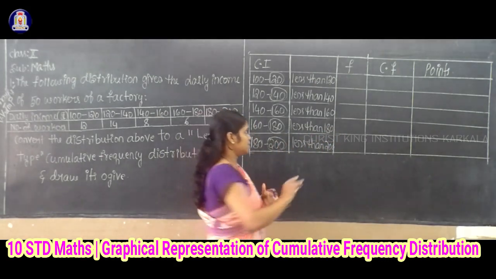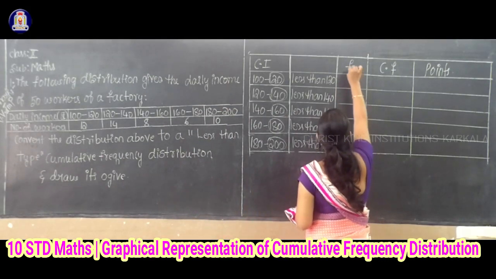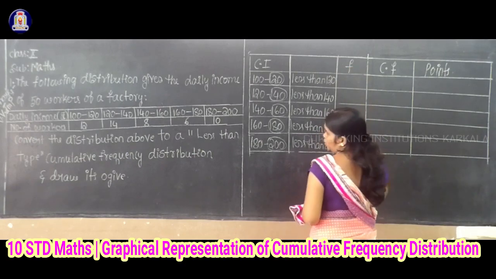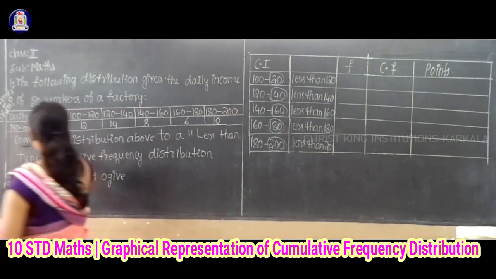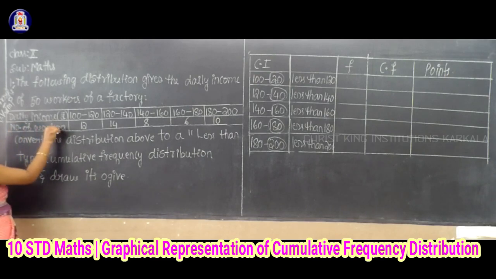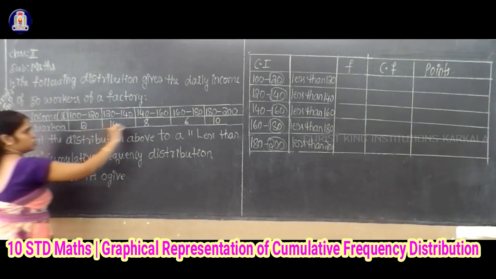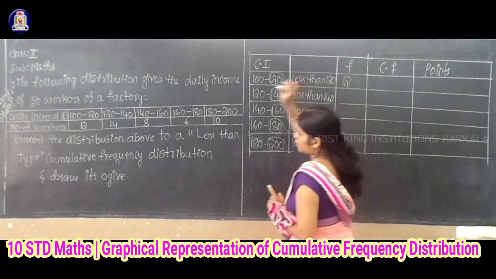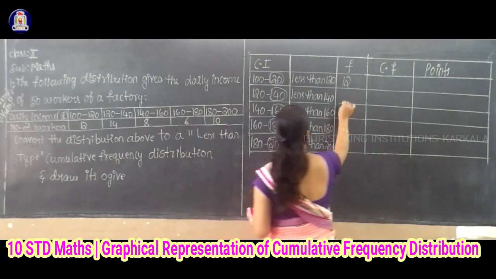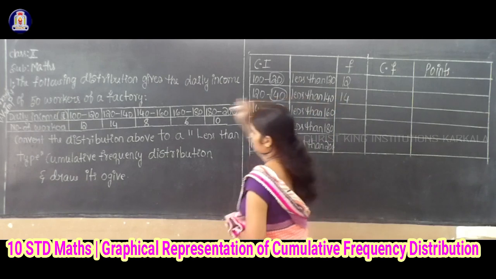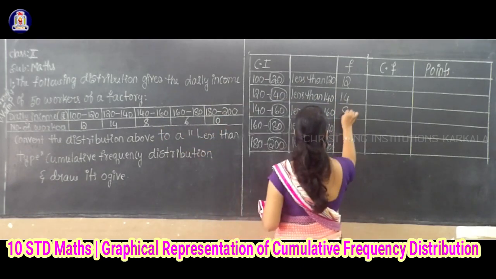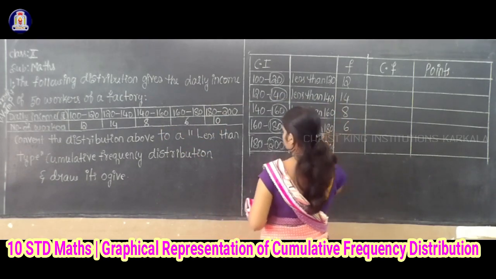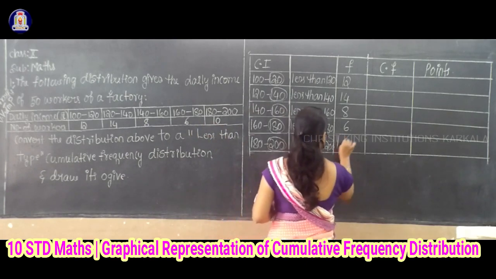Next, in the third column, I will consider frequency values. Frequency values is nothing but the number of workers column. The values are: first 12, next 14, next 8, next 6, next 10.